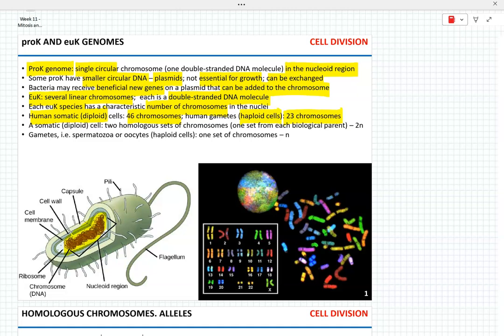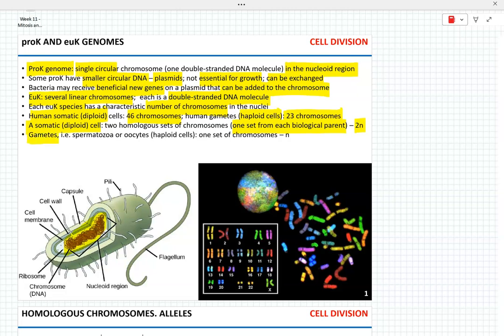Why do somatic cells have double the number of chromosomes compared to gametes? A somatic or diploid cell contains two homologous sets of chromosomes, with one set coming from each biological parent. 23 chromosomes from a mother and 23 chromosomes from a father, which makes the total number of chromosomes 46.